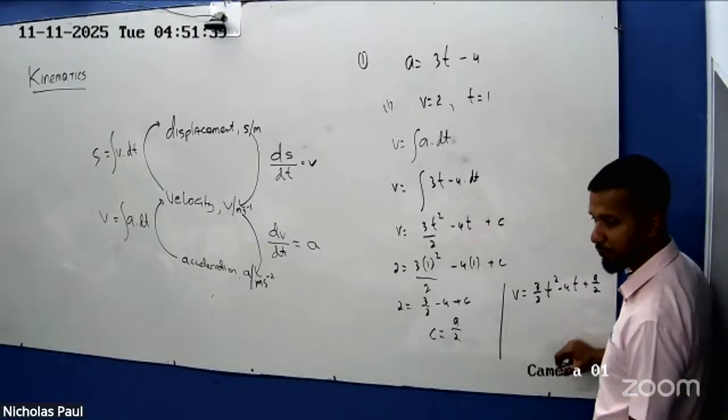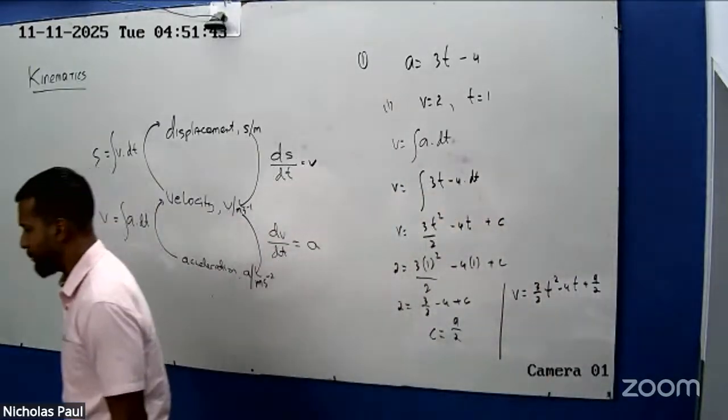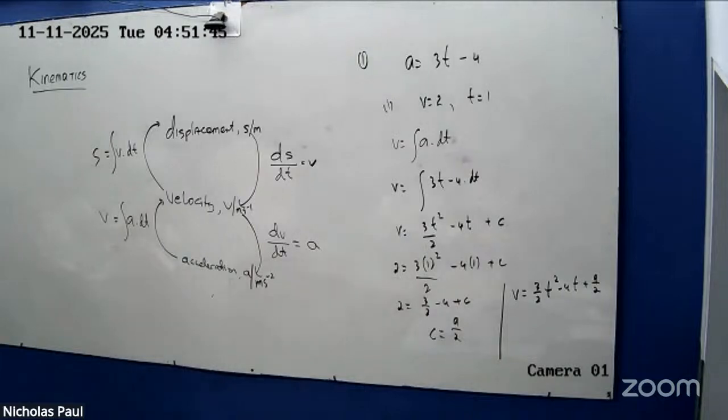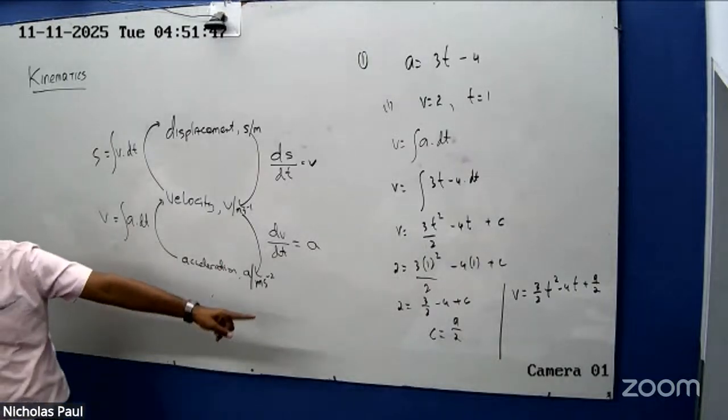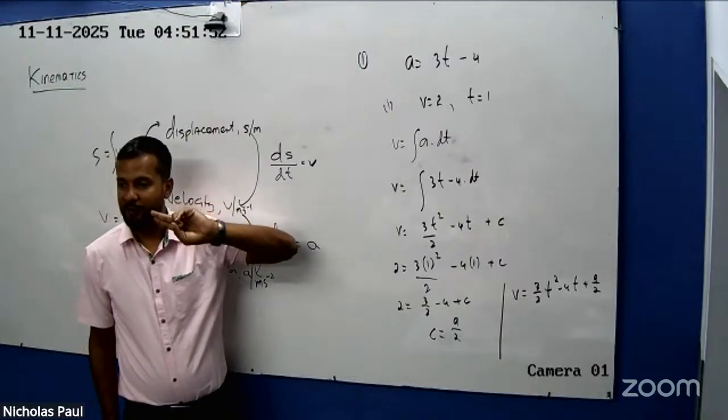Last one. Same question, part 2. Part 1 was to find velocity. Part 2 is to find displacement.